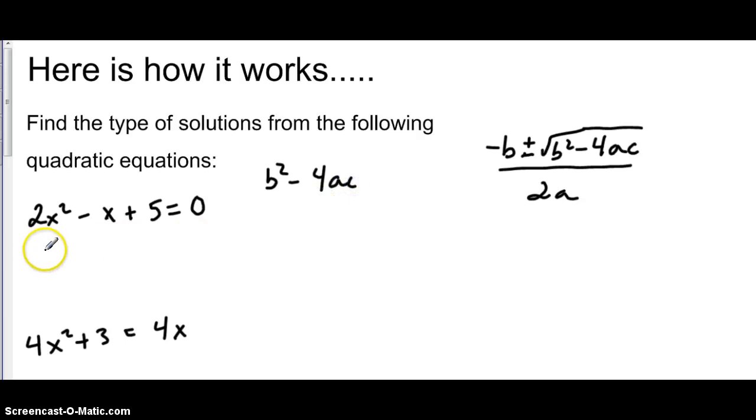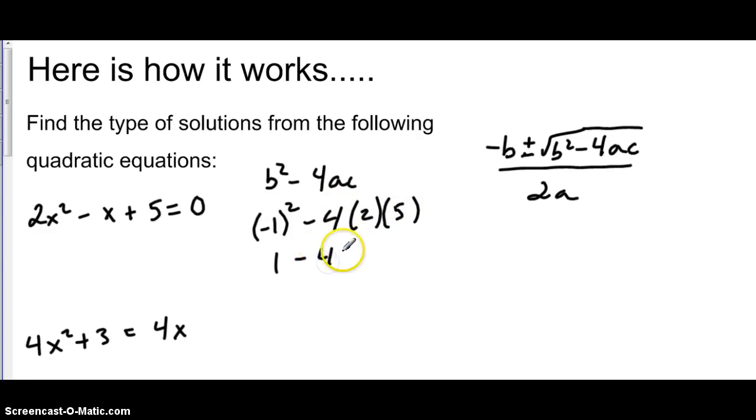So let's take a look at our first equation. We've got a is 2, b is -1, c is 5, and we're going to plug those in. Please watch your negatives and make sure they're in the right location. Plug in our a and c values. A is 2, c is 5, and we're going to have 1 minus 4 times 5 is 20 times 2 is 40, and that's going to equal -39.